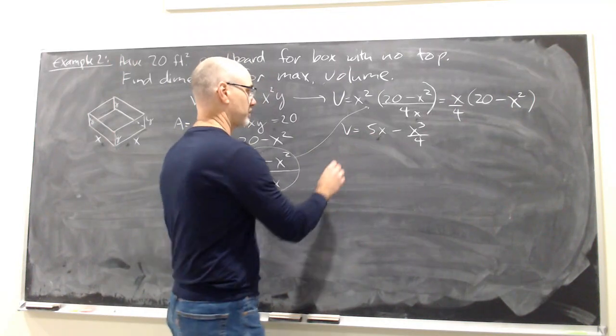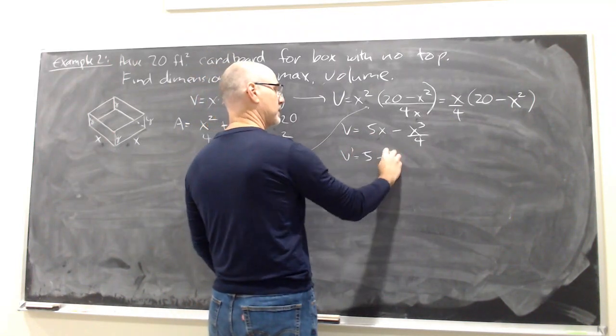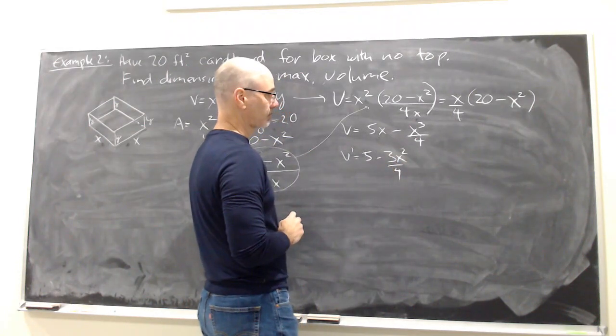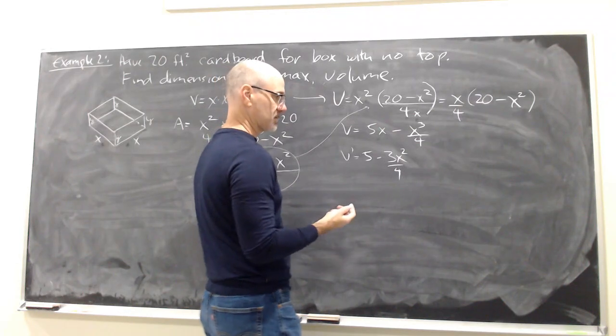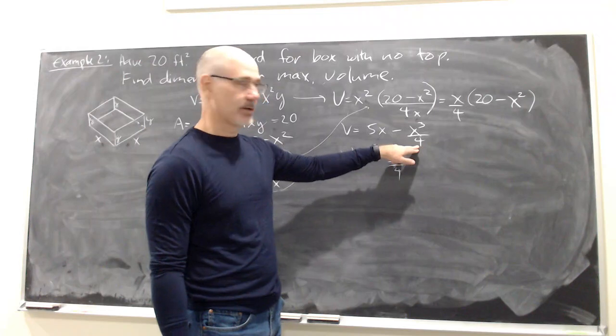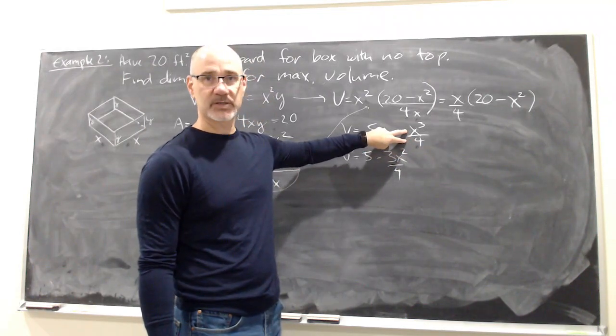Our process is to take the derivative. In this case, I'll get 5 minus 3x squared over 4. Right, this is like the example we did last time where the 4 in the denominator doesn't mean do a quotient rule. It means think of having 1/4 as a constant out in front.